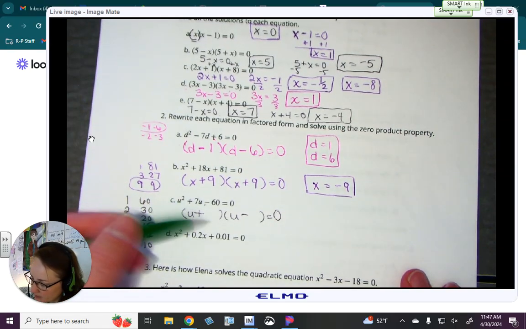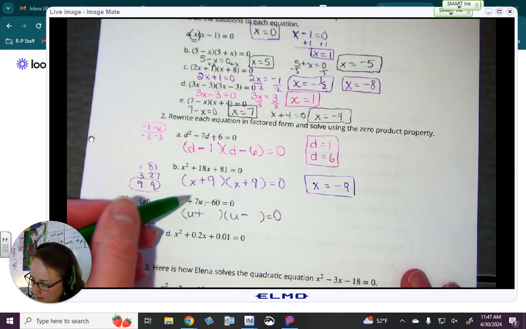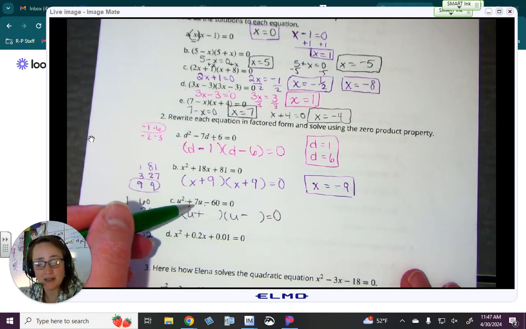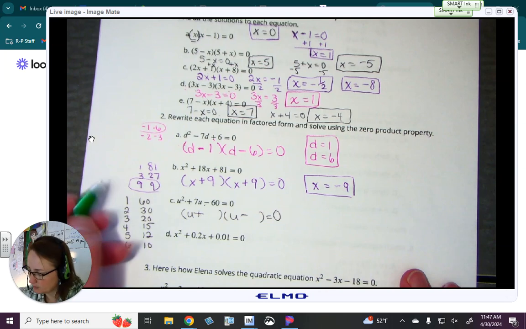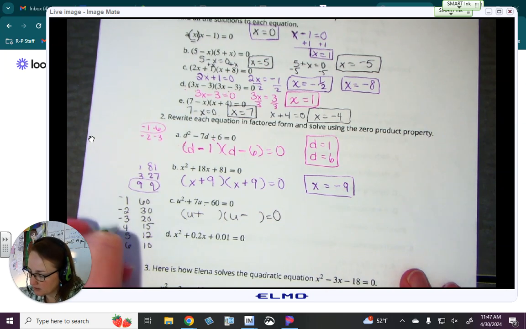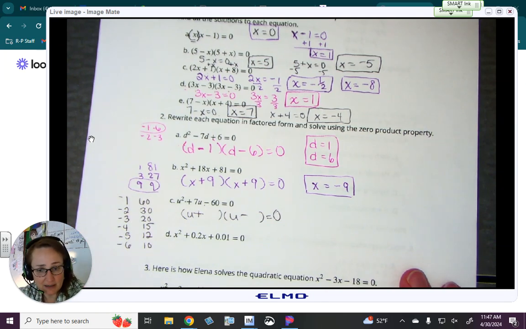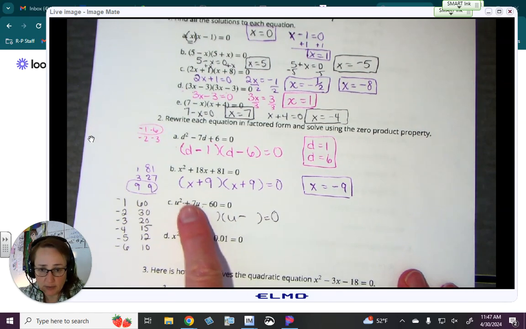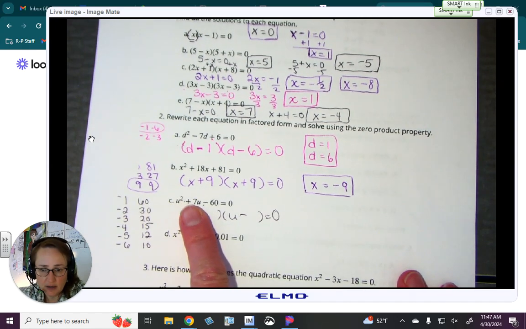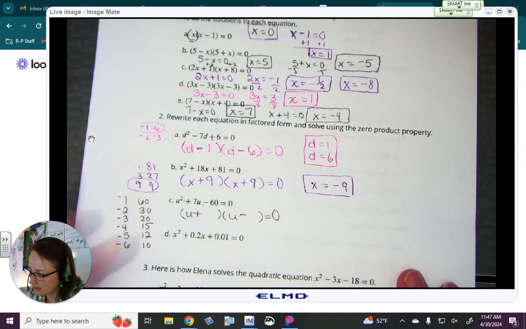Now, one of these numbers has to be positive and one has to be negative. And I want more positives. So I'm going to keep the bigger of these two numbers positive and change the lower of these two numbers negative, because I want more positives when I add them together. And now when I'm doing this, I see that 12 plus a negative 5 equals a positive 7.